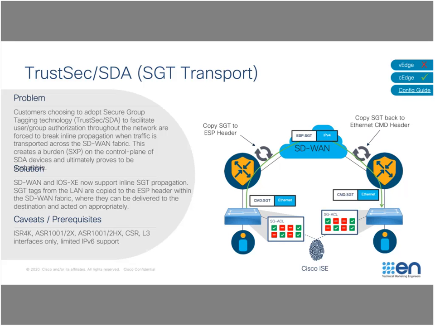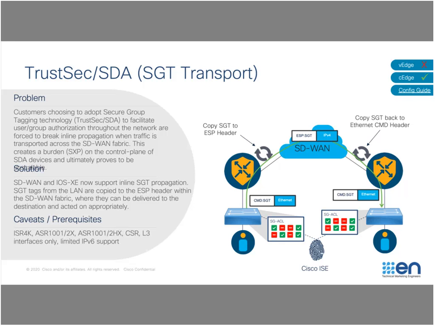As that traffic enters the network, the switch is going to attach an SGT value, or a tag value, to the Ethernet header. Prior to 20.3, as soon as that traffic hit the SD-WAN router, we'd have to drop it because the SD-WAN router wouldn't understand what that tag value is. And so essentially, TrustSec and even SDA would break at the SD-WAN router.